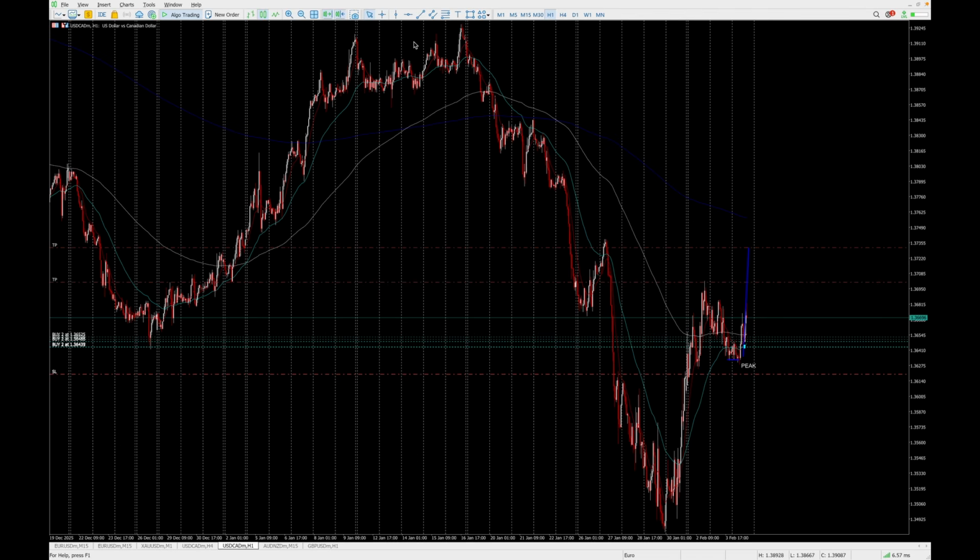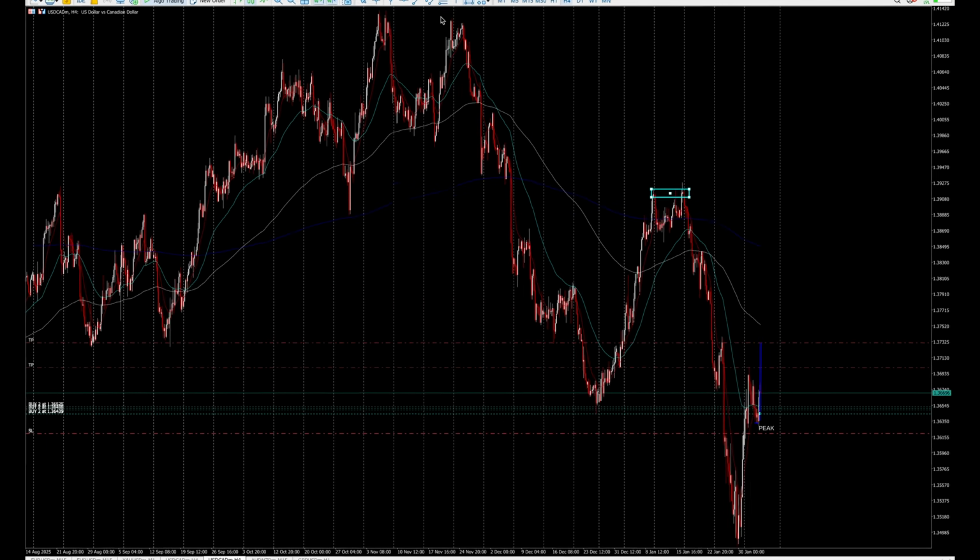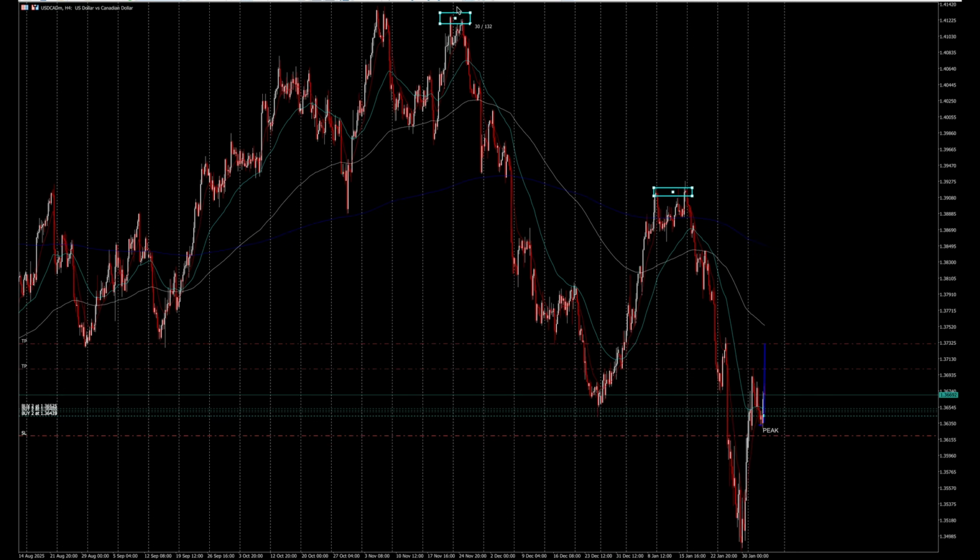We had the peak formation right there, and I like identifying this on the H4 as it's more clear. Starting from this peak, we can identify 1 week of drop, another week of drop into a consolidation, and then the last week of drop, giving us level 3.